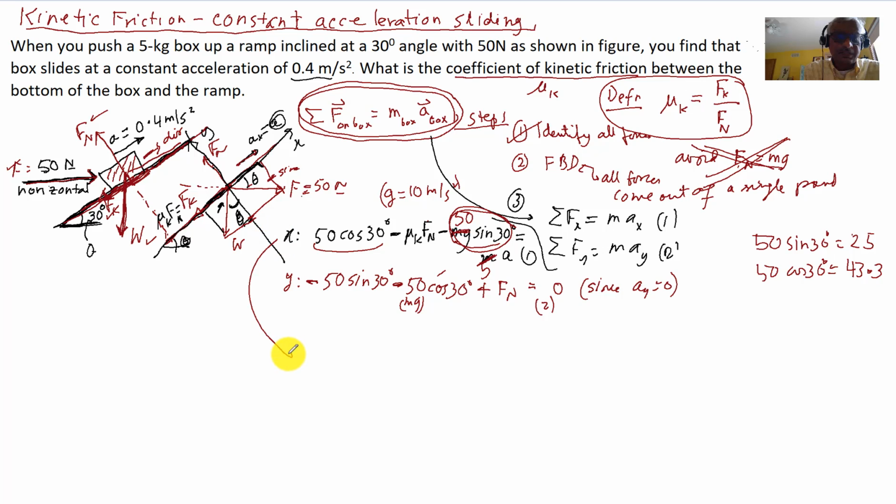So this equation just turns out to be, in the x direction, 8.3, 78. Well, the y equation is the first one to solve, so minus 25 minus 43.3 plus Fn equals 0.